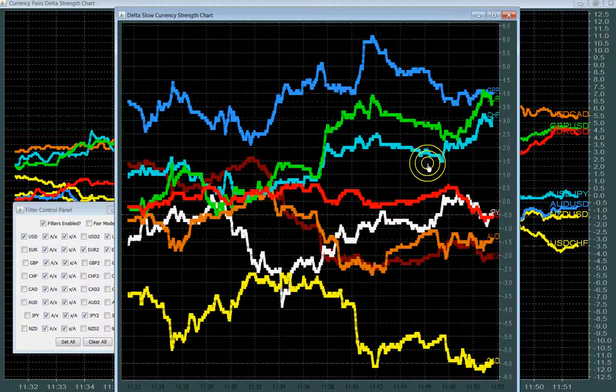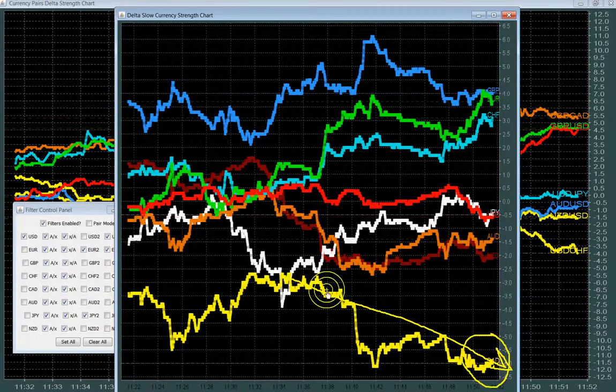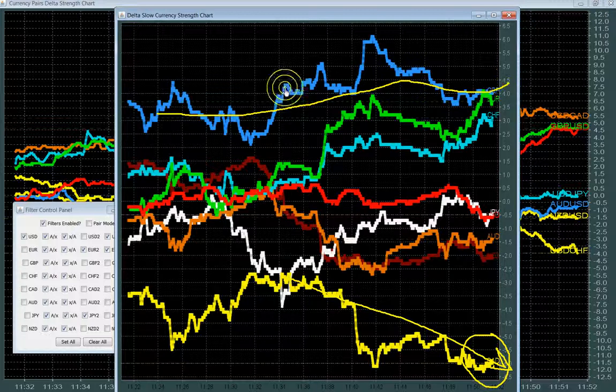So here, for example, if we saw that the Canadian dollar was weakening, as you see here, and the pound is holding the same or strengthening slightly and is certainly the strongest currency at the moment. So the pound is the strongest currency and the Canadian dollar is the weakest currency.